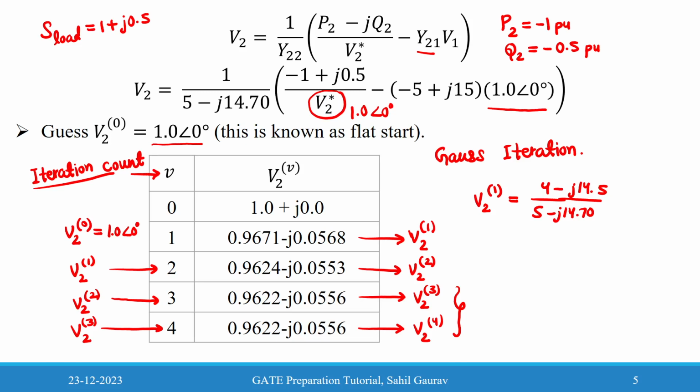So just divide this by 5 minus j 14.7. Sorry, 4 minus j 14.5 divided by 5 minus j 14.7.